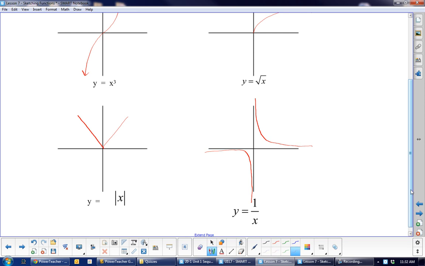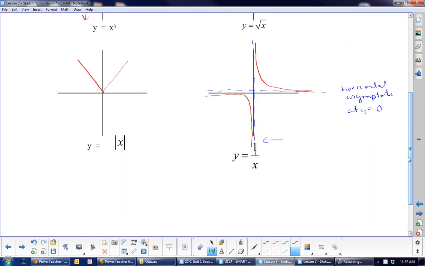There's a horizontal asymptote here at y equals 0, and there is a vertical asymptote at x equals 0.